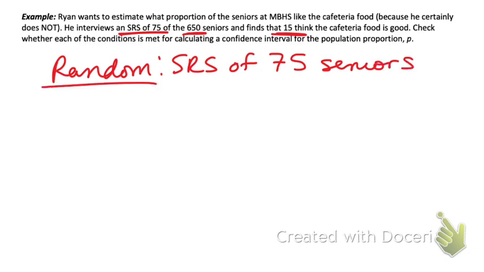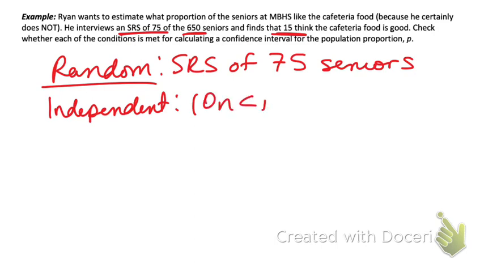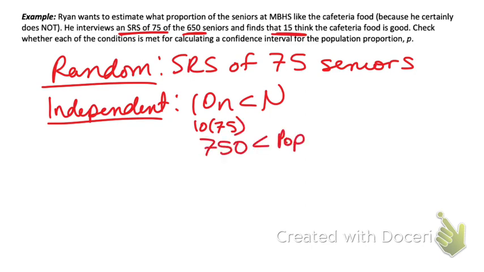That ensures that p hat is an unbiased estimator of p. Independent, we need to make sure that 10 times the sample size is less than the population size. 10 times 75 is 750, and that is less than the population of seniors.